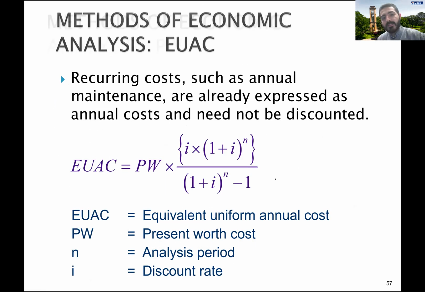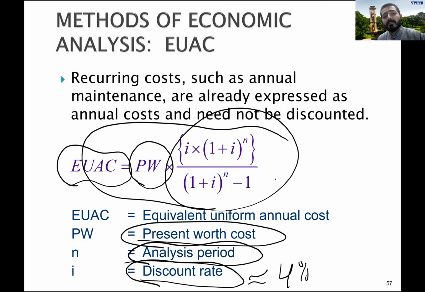Then you apply the same equation. If you want to use the other method, the EUAC, that's even easier. Once you get the PW value from the previous step, you multiply it by i. Again, you know the discount rate, and you know n, which is 20, and you'll be able to compare the two different methods.